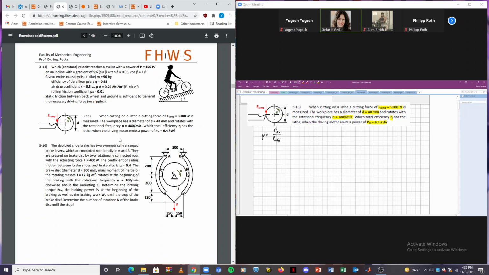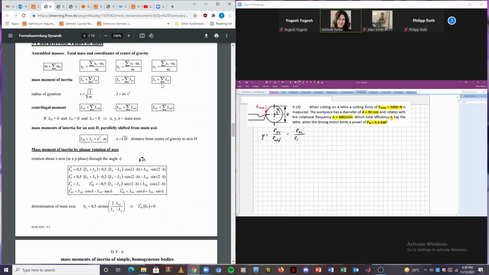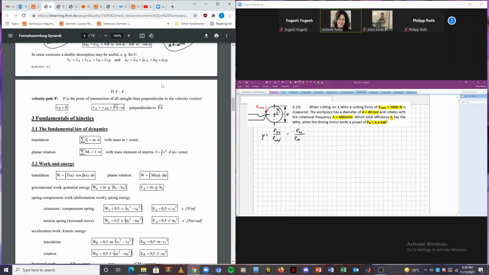In our specific situation, the added power is equal to the power of the motor, and the extracted power results from the rotation of the workpiece and the force measured. So we added as the power of the motor.